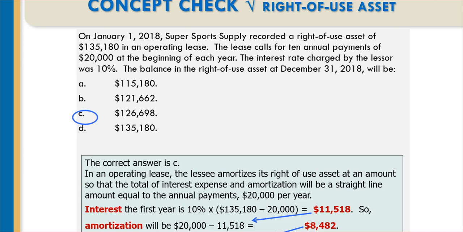And this is my key to having such a good success rate in my students passing the CPA exam. When you get problems, do not jump to the bottom. Don't jump to the balance in the right of use asset. That just perplexes you. It just creates all kind of negativity and your mind can't work.